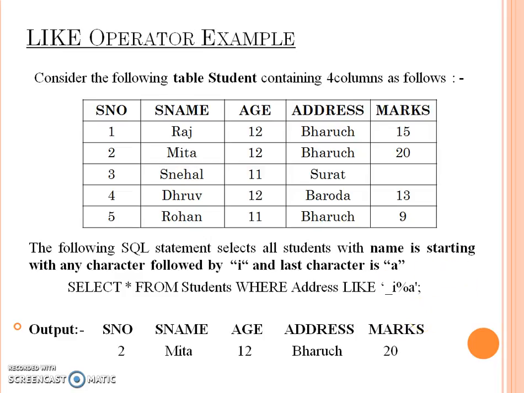In between, how many characters there are, I am least concerned, so I am using the percentage symbol, and the output I am going to get is Mita, whose first letter can be anything, but compulsorily it should be followed by I. I am least concerned with the other letters and the name ends with the last character, that is A.